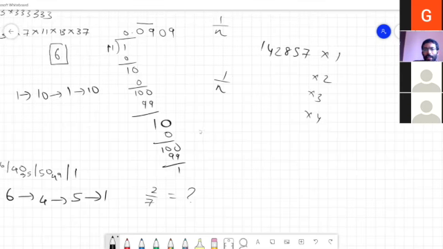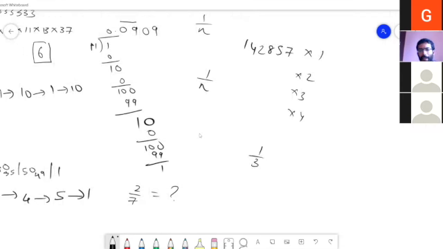Let us take this example. Let us take 1 by 3. 1 by 3 is 0.3 recurring, right? So is 2 by 3 0.6 recurring? Yes, it is, right? Bad example. 1 by 6 is 0.16 recurring.